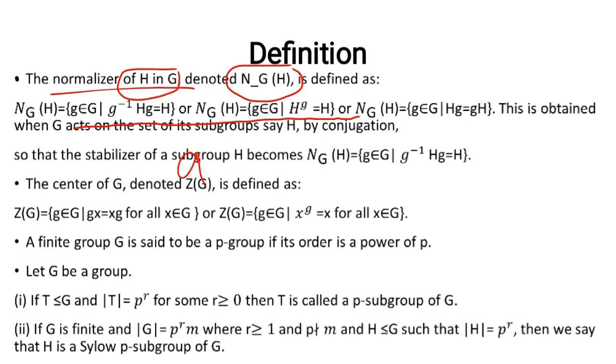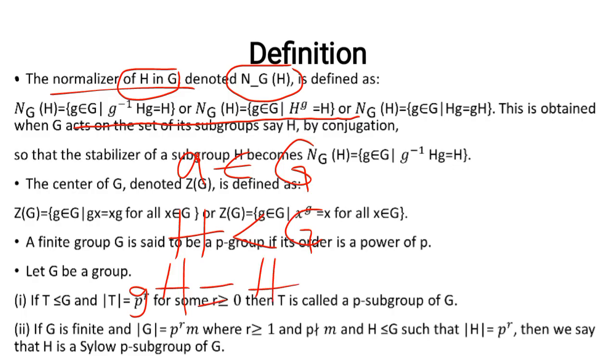Remember, A for the centralizer was taken from G, right? But now we're going to pick the entire H, a subgroup of G, and allow all elements of G to have a conjugation on it, right? So you have something like this, okay?